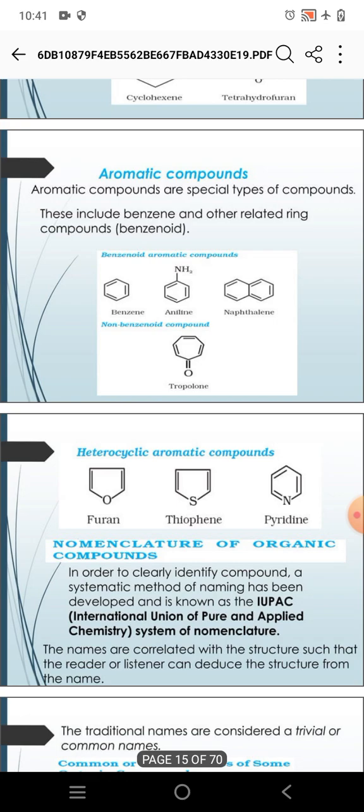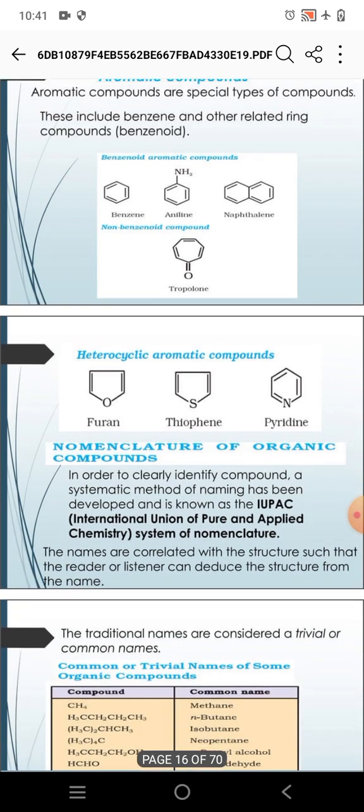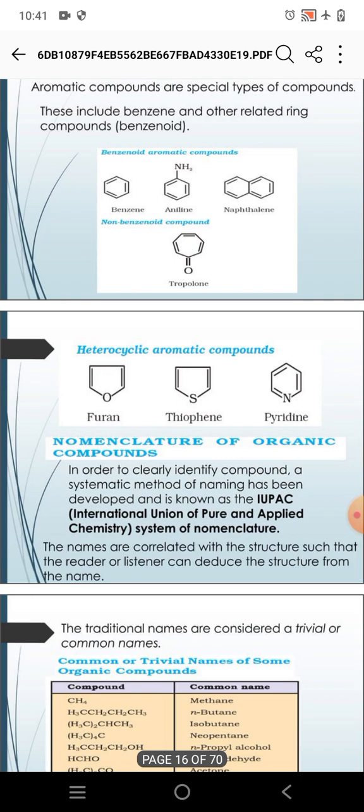And the next is naphthalene, where two benzene rings are fused to each other. Next, non-benzenoid compounds. These compounds do not contain any benzene ring as a base. The example is tropolone. Tropolone is a 7-membered ring structure and contains one keto group.